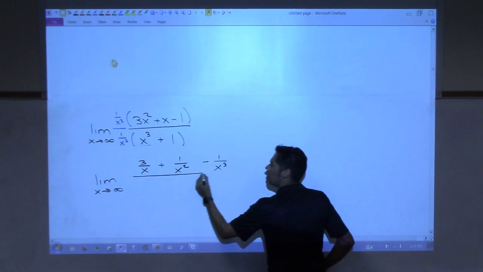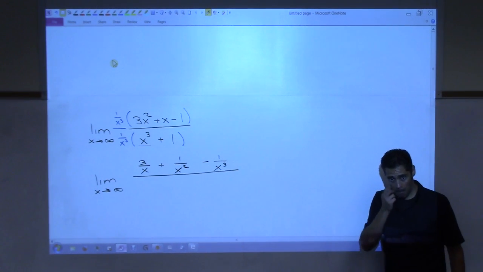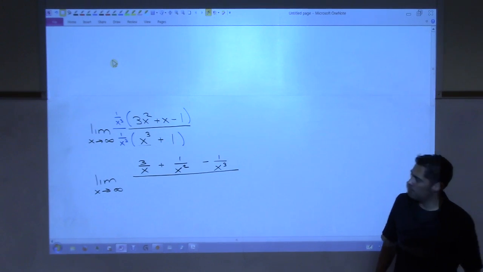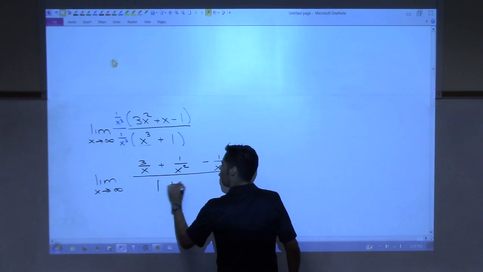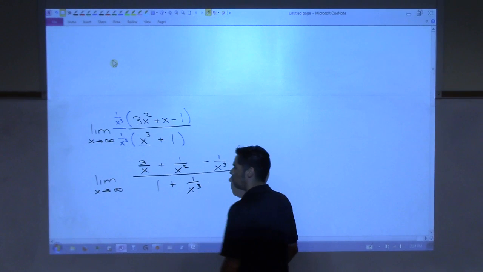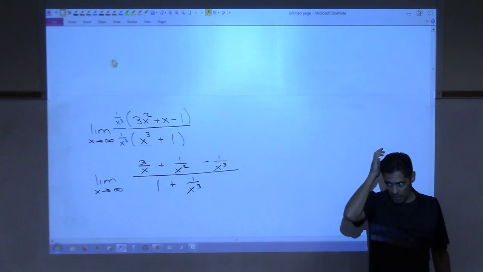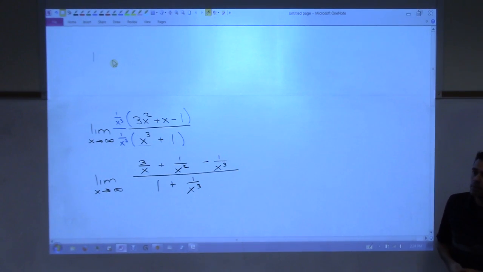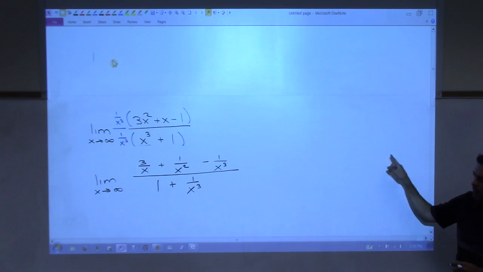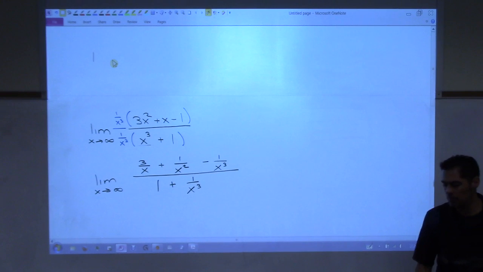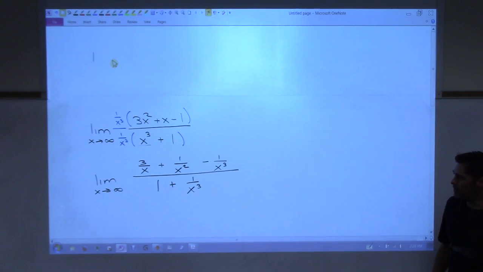Good. Bottom. 1 plus 1 over x cubed. Right? Just multiplying it through. All right. That's supposed to help. Let's see if it does.